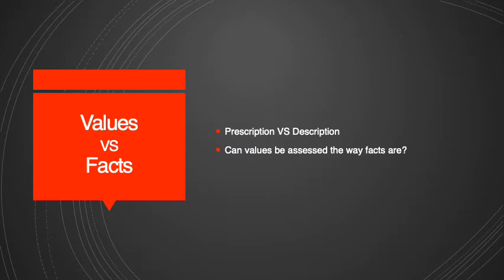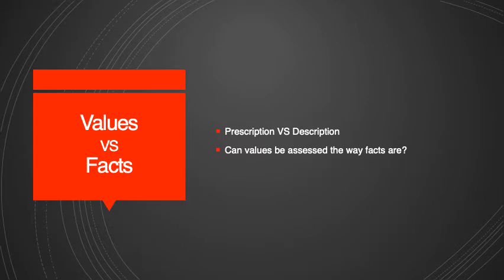But if we say that class is an important class, or you should take that class, then you are expressing a value with regard to the class. And a value is the basis for a prescription, saying that it's a good thing to do for you or for someone else.